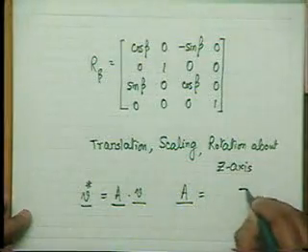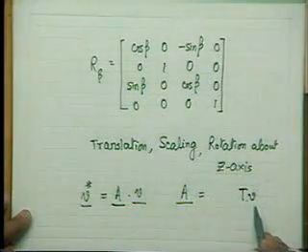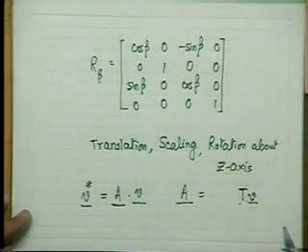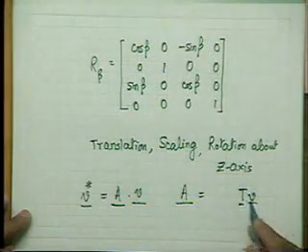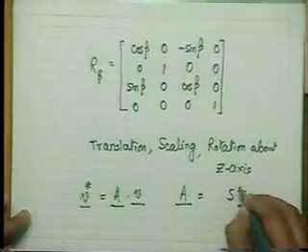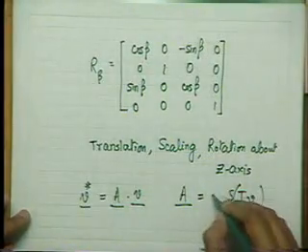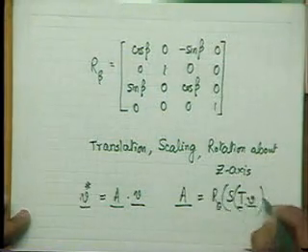I said that it has undergone translation. So I should first say T multiplication with V, and then on this we have considered a scaling, and on this result we have considered R theta.